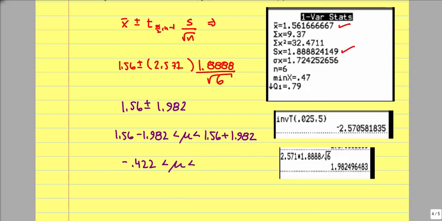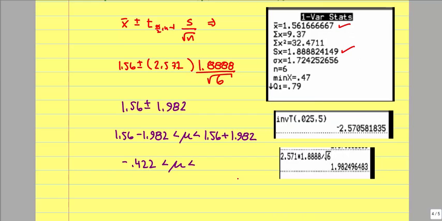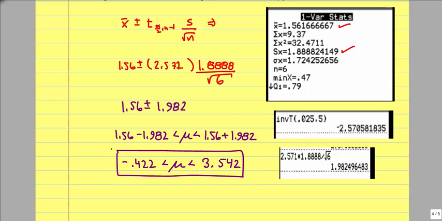And then for my right endpoint, I have the 1.56 plus 1.982, 3.542. So this is my confidence interval for the true average amount of lead in the air based on samples of size 6.